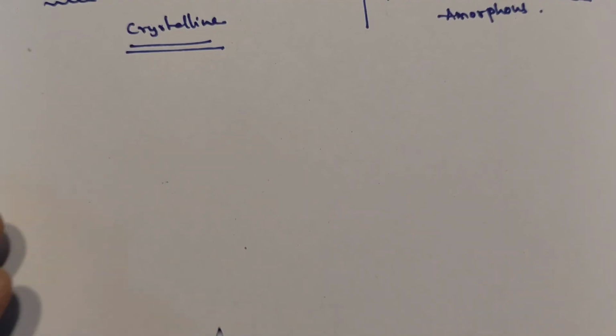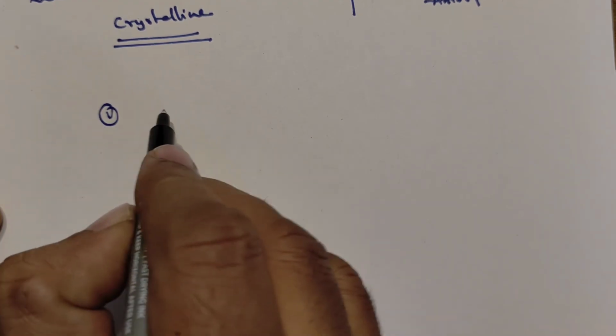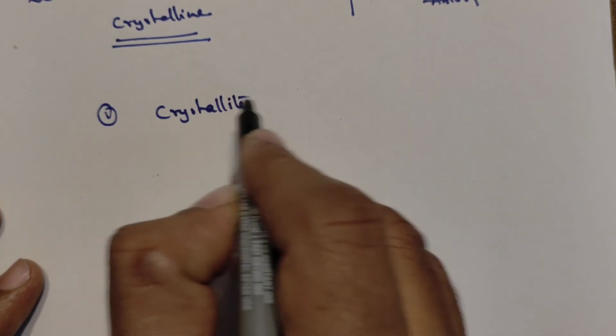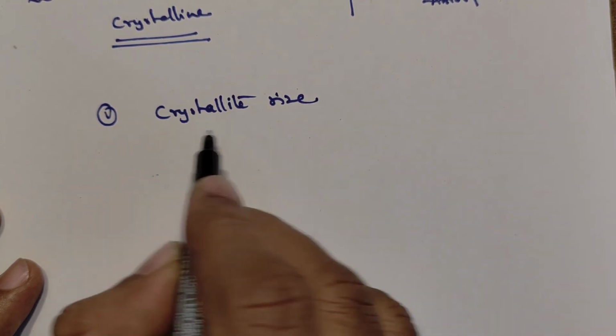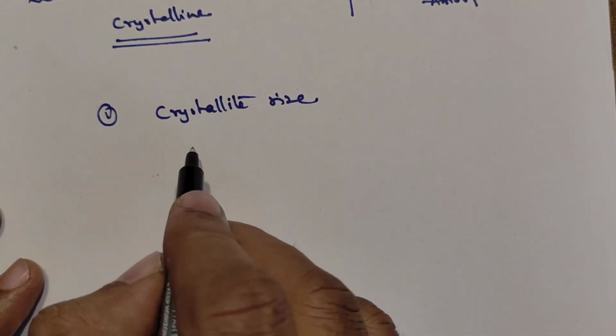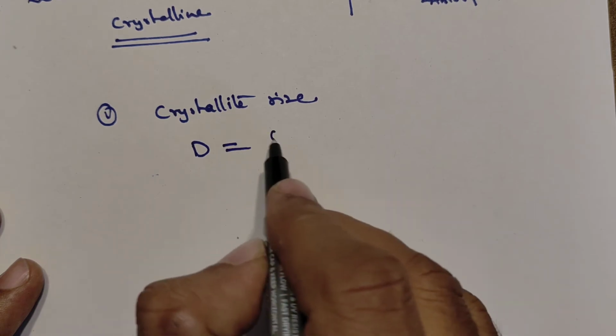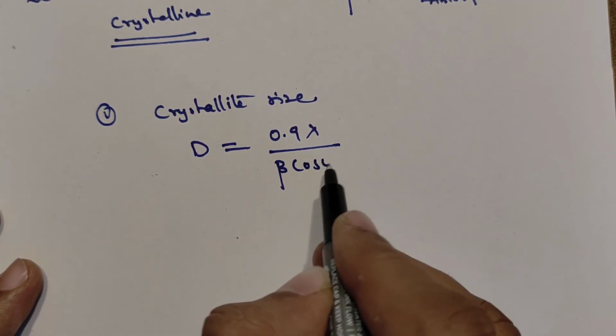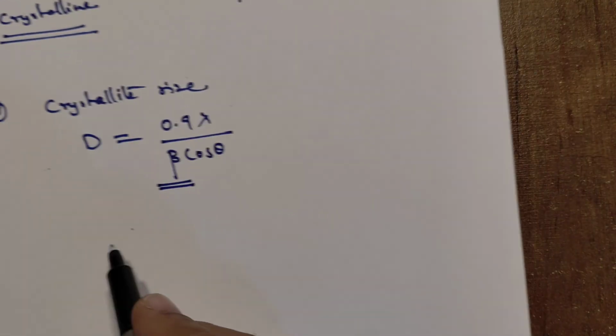And coming to the structural parameters point of view, it is possible to measure the crystallite size. Crystallite size can be measured by using the Debye-Scherrer formula: d equals 0.9 lambda by beta cos theta. Here beta is nothing but the full width at maximum.